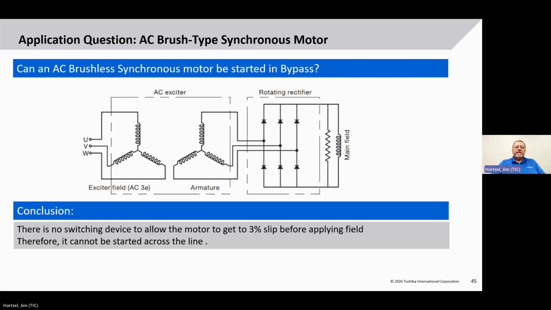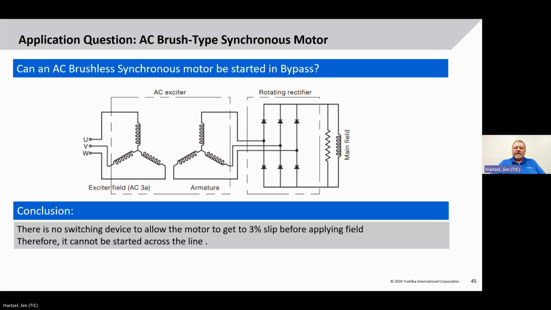Looking at the AC brushless system, I should say brushless type there. I'm sorry, I have another typo there. Remember, we put our three-phase AC voltage here, and we get our field immediately. So the question the customer asked me was, how do I use an AC brushless?